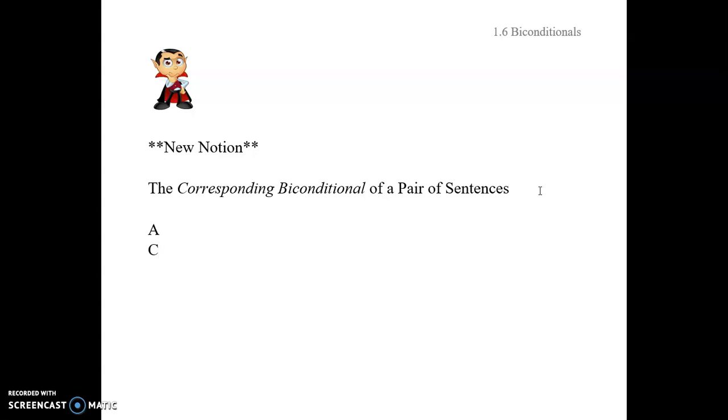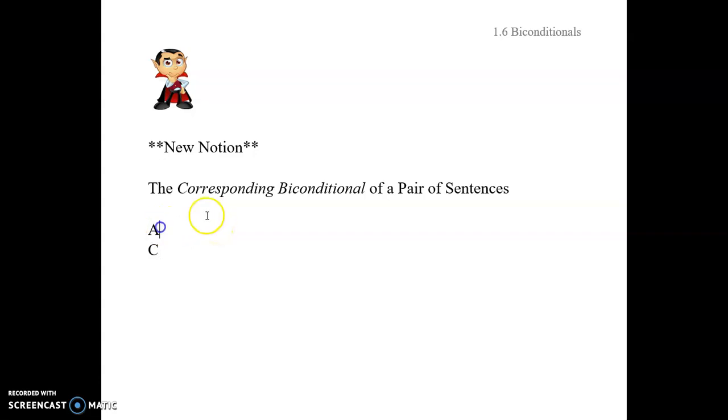All right, so your professor picks two sentences out of a hat, and you now have a pair of sentences. The corresponding biconditional of this pair of sentences, of these two sentences, is the first sentence, tribar the second sentence.